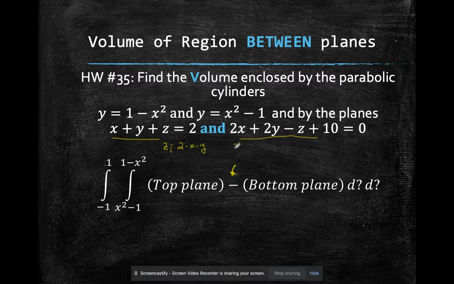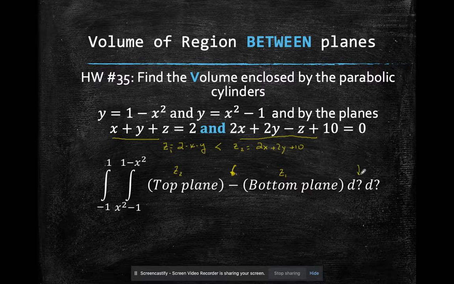That's z1. z2, right? I'm going to move this z over to this side. And then I just have 2x plus 2y plus 10. So you can either try to visualize this or just plug in some points and figure out which one of these planes is on top of the other. And I hope it is not too challenging to see that the second plane is bigger. So z2 is going to go here, and z1 is going to go here.